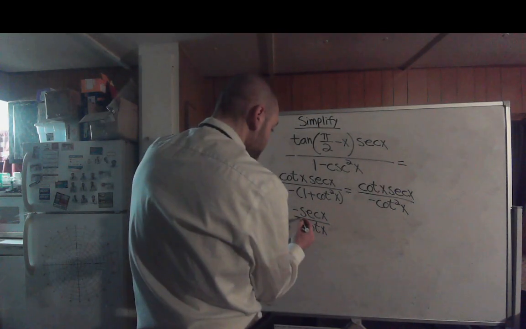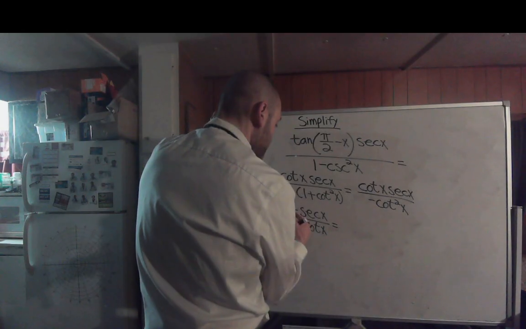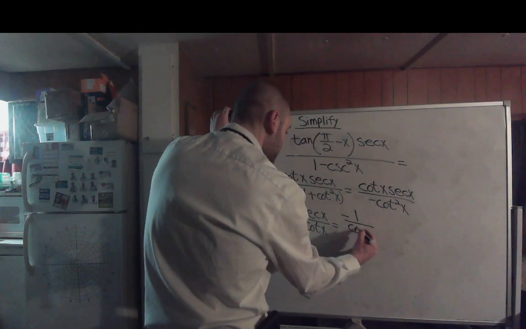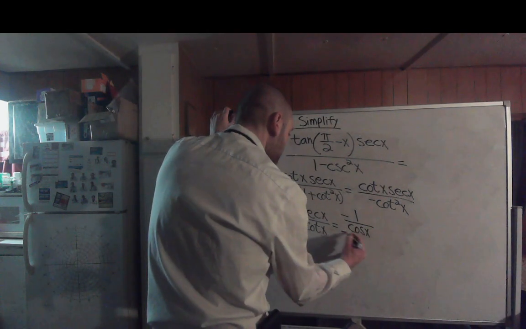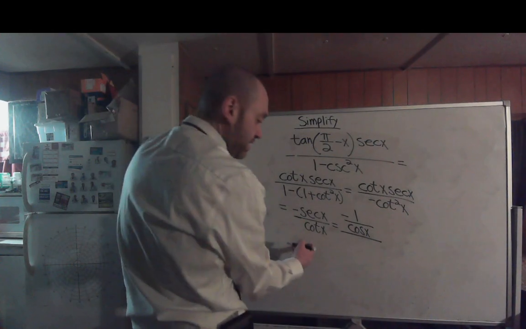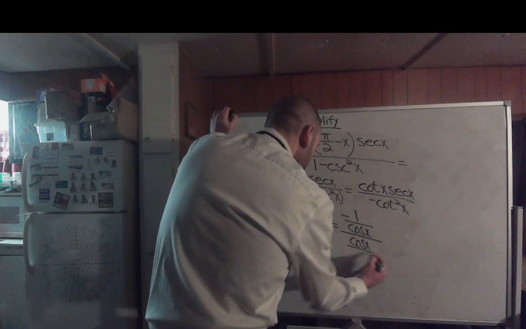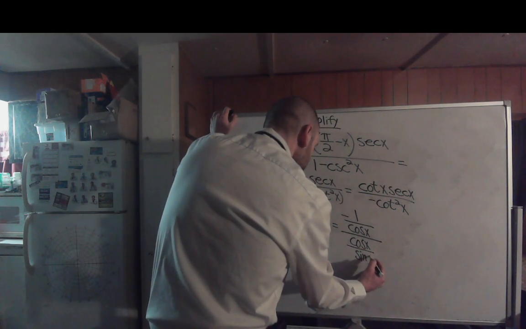So now we just deal with the fractions, so that negative secant of x is the same as negative 1 over the cosine of x in the numerator. All over your denominator, that cotangent of x is the cosine of x over the sine of x, which will invert and multiply.